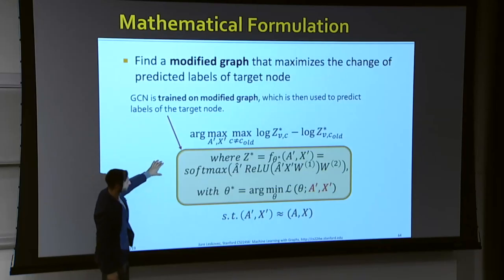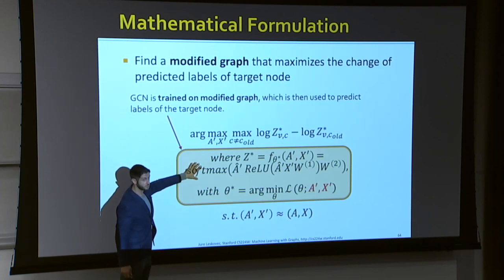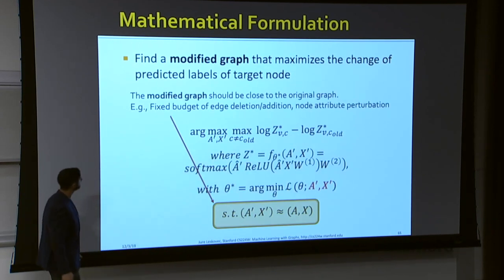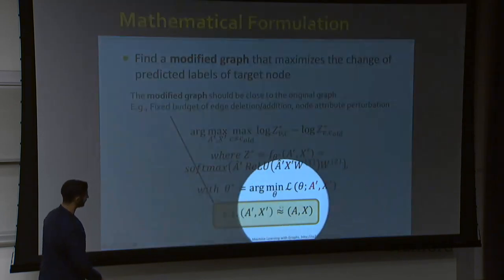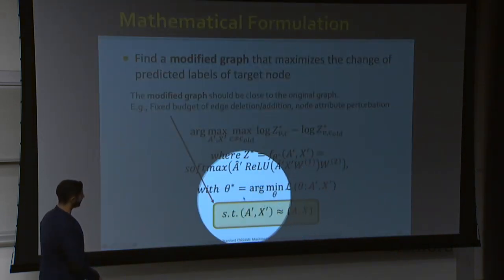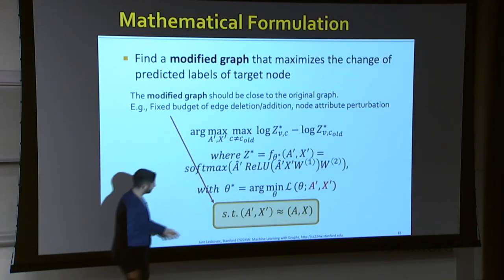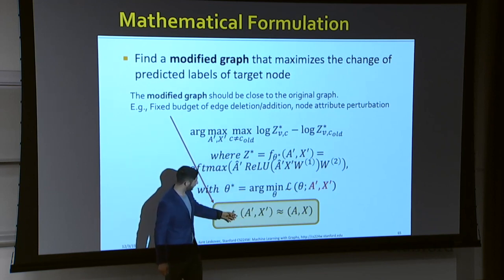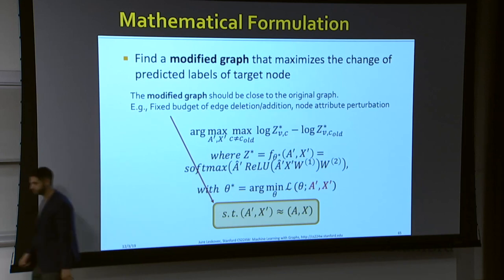The fact that it's going to be expensive to optimize this objective, because at each change of connectivity, we have to train a brand new GCN, okay? And at the bottom, this is encoding what we said at the beginning. We want to make this happen with the least possible amount of modifications. So we want to have our node features and our adjacency matrix, the new ones, to be as close as possible to the original ones, okay?